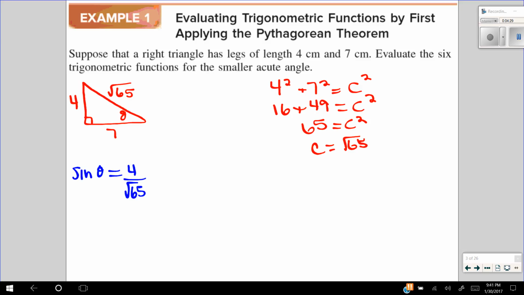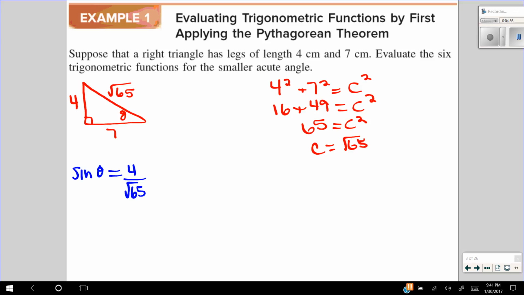I'm fine with you not doing that, because I was just talking to Mr. Boska, and he said that the AP test actually isn't taking points off anymore for not rationalizing the denominator. So if you want to leave it like this, that's totally fine. The only thing you have to be careful for is if you're correcting your assignments in the back of the book, our book will rationalize the denominator.